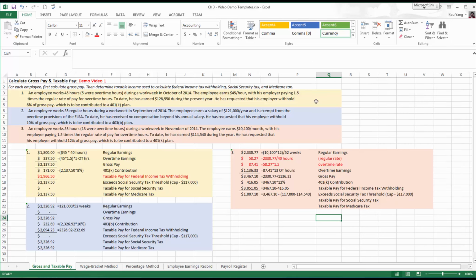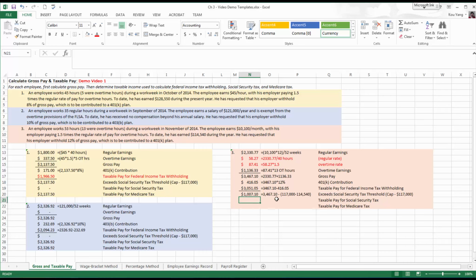Drag this out a little bit so you can see the entire thing. Okay, so you can go ahead and follow this format once you get to something like this, and it should work every single time as long as you know the cap, and as long as you know what they made up to date, and as long as you know the gross pay. So that would be the amount that would have exceeded that $117,000.